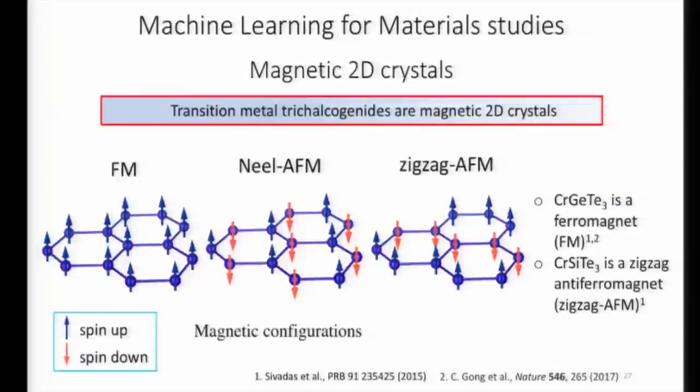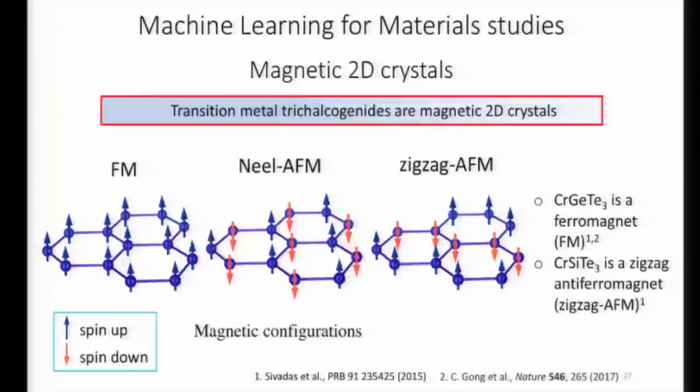And you can consider this zigzag anti-ferromagnetic configuration, where along the zigzag edge, the spins are pointing in one direction, and along the other direction, they're pointing in a different direction. It turns out that chromium silicon telluride is this zigzag anti-ferromagnetic type. But for the purposes of this study, we'll focus on the ferromagnetic configuration and this Néel anti-ferromagnetic configuration.